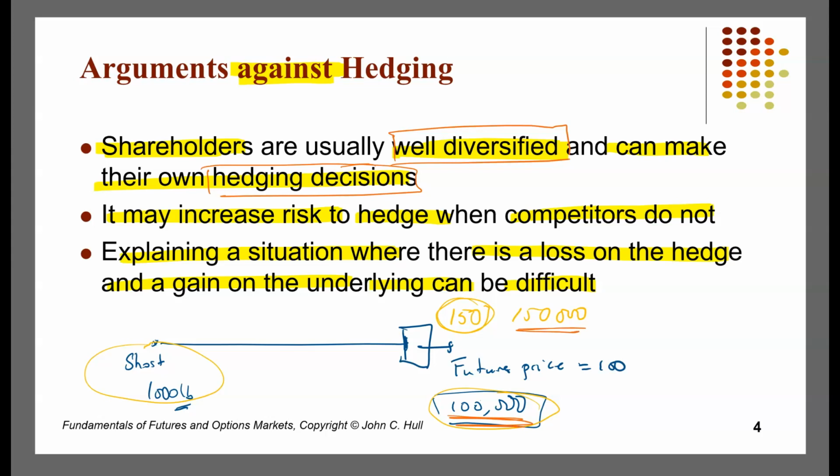However, let's say you did not have a hedge in place, and the price of the underlying went to, say, $80 instead of 100. You could also have lost some. If the hedge was not in place, you could have been at 80,000 instead of 100,000, right? So if there is no hedge and the price falls, you would lose.